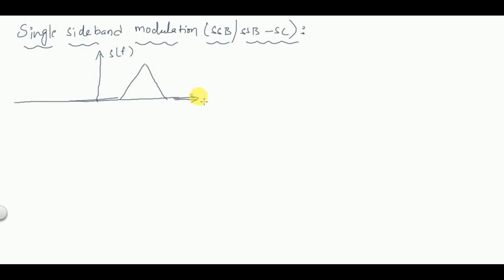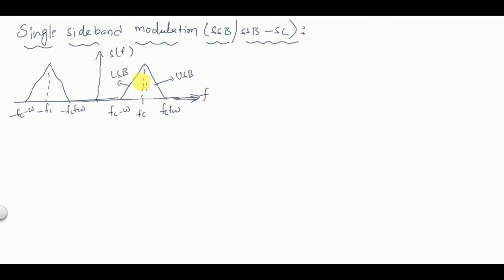This is Fc, this is Fc plus W, and this is Fc minus W, and this is minus Fc plus W, and this is minus Fc minus W. If you observe here, this is the upper sideband and this is the lower sideband.